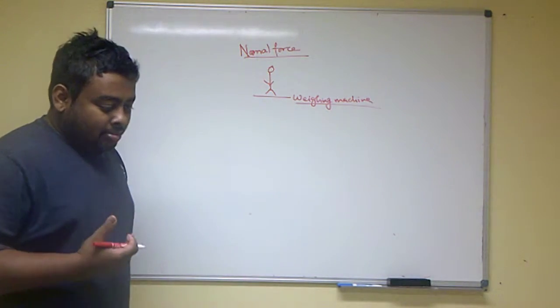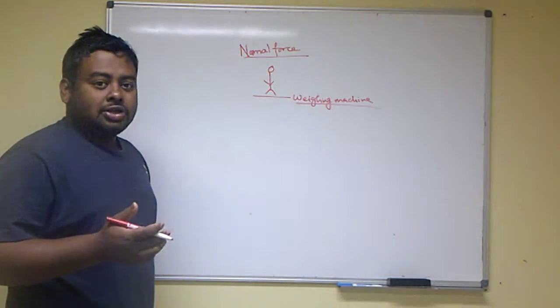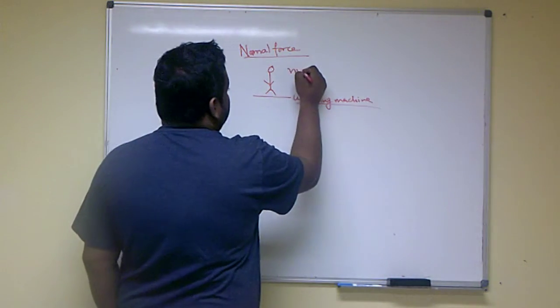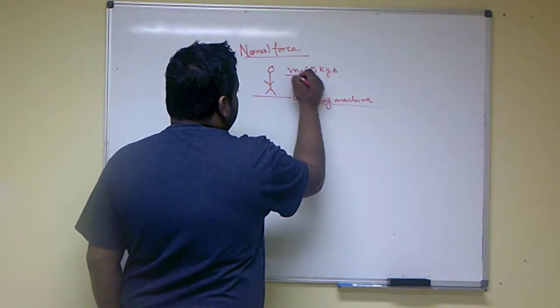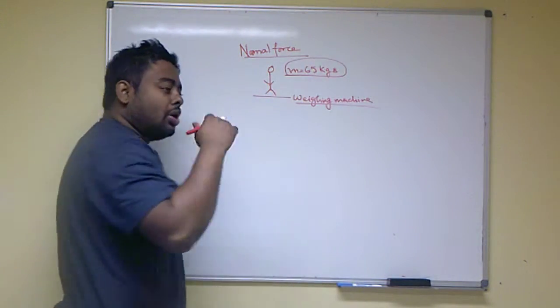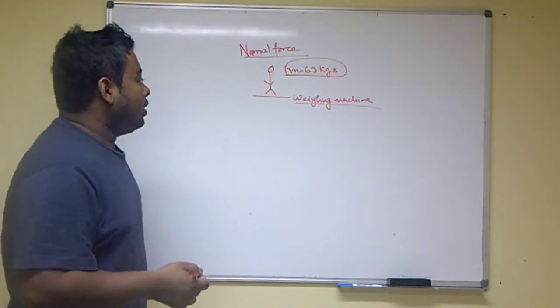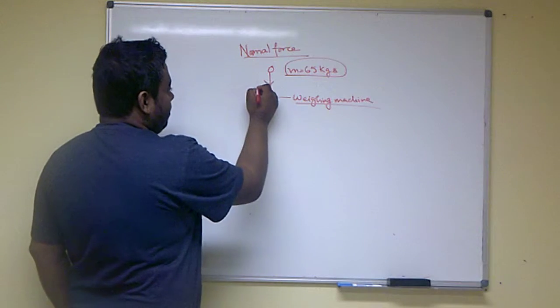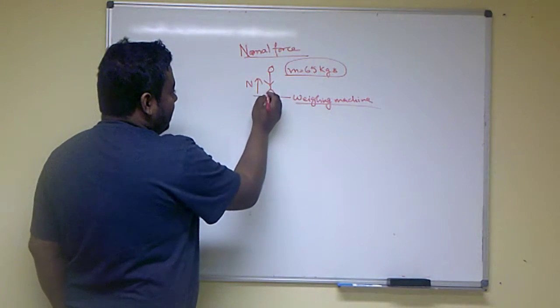So let's say I have a mass of around 65 kgs. The mass will remain constant, but what the weighing machine will tell you will be completely based on the normal force, right? So over here, the normal force will be acting.